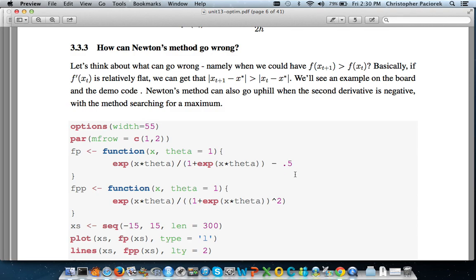Because the second derivative is just the gradient of this function here, that's going to be positive, positive, positive, 0, and then negative. And if we draw out what's going on here, then what we should see is that there's an inflection point in here at this point.